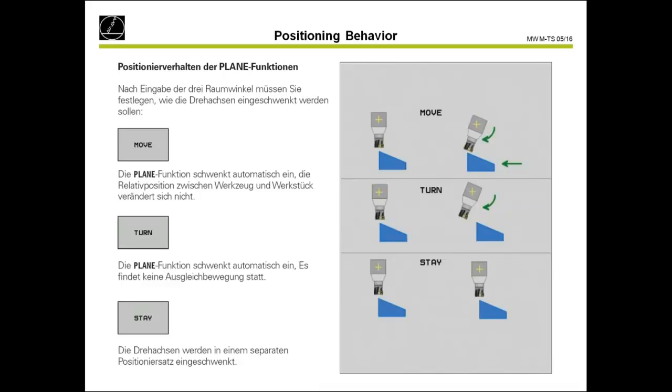So next step, the positioning behavior. There we have move, turn, or stay. Move, you can see it in the picture. Move says that the rotary axis will do a movement, and while the rotary axis moves, the linear axis will also move so that the distance between the tool and the workpiece stays the same.